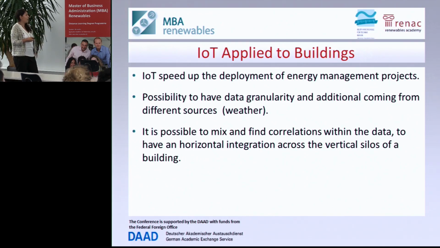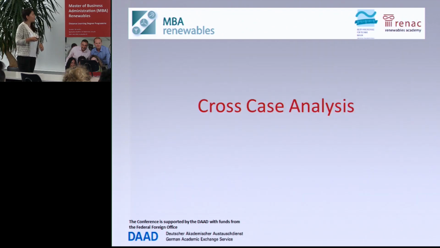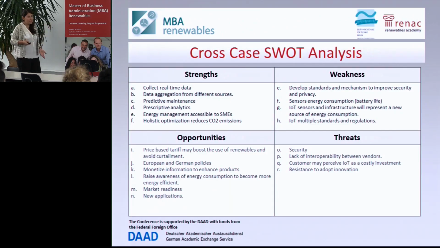So we can have, again, these silos that I was talking about, heating water, heating a room, also the lighting, the number of people in the building. We can correlate this data, so we can predict and we can manage also, and we can have this prescriptive analytics to say, what should I do in order to decrease my energy output?